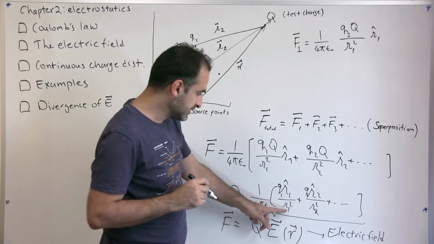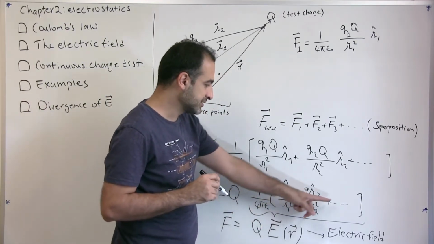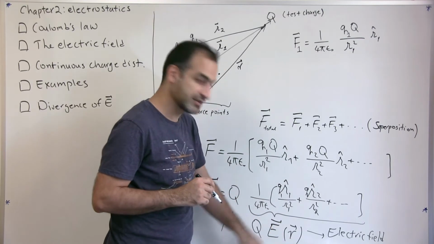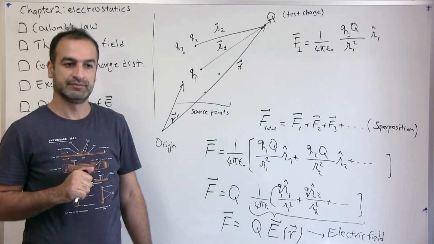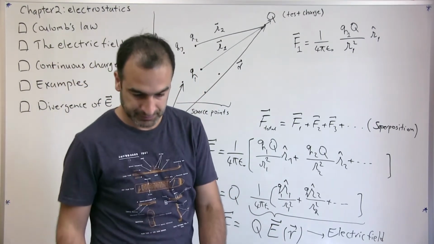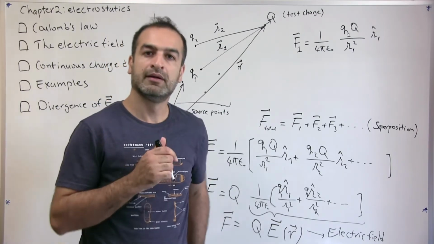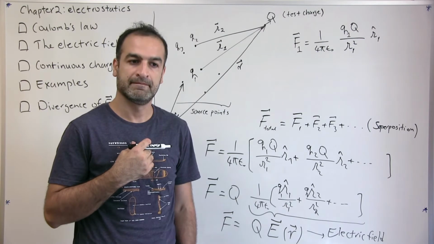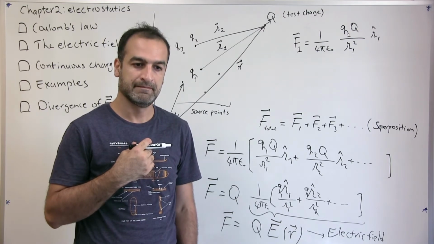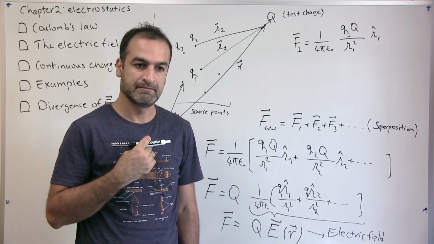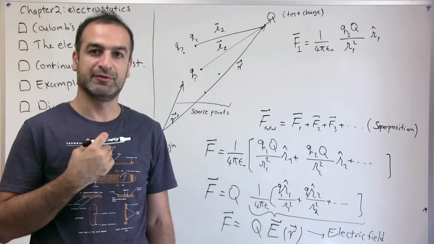And all these little r, script r, separation vectors themselves are a function of r. So, Professor, would it make sense to say that the electric field is just a consequence of all these little charges? It definitely is a consequence of all these charges.